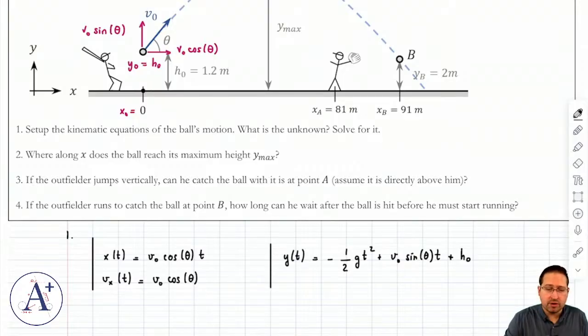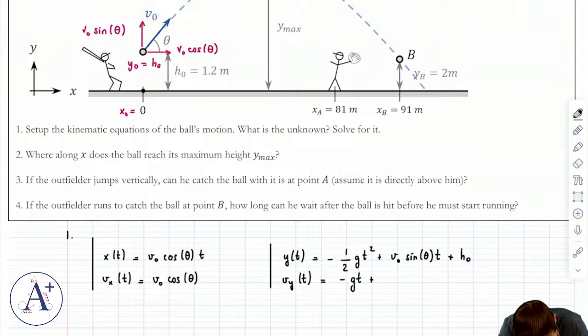Don't forget, you're launched from a certain height above the ground, which is H0. And then Vy is going to be minus gt plus V0 sine theta. So those are my kinematic equations.